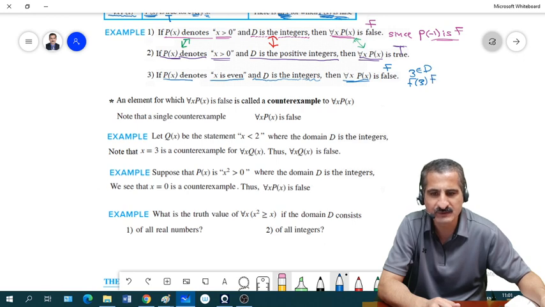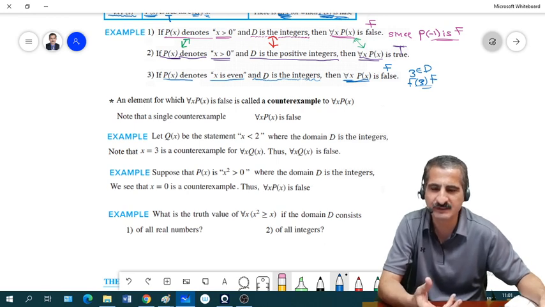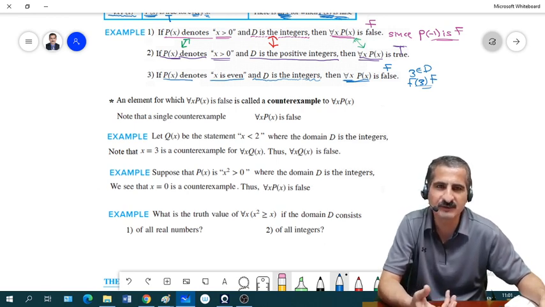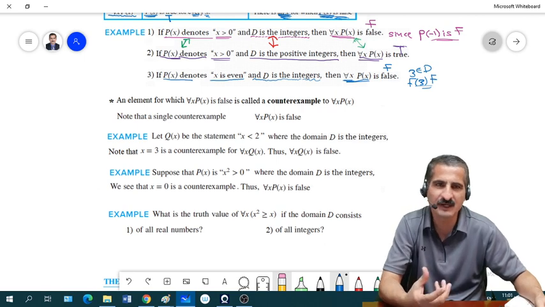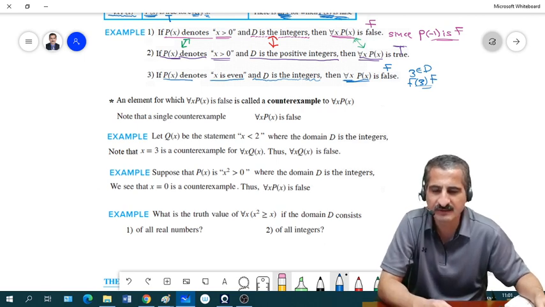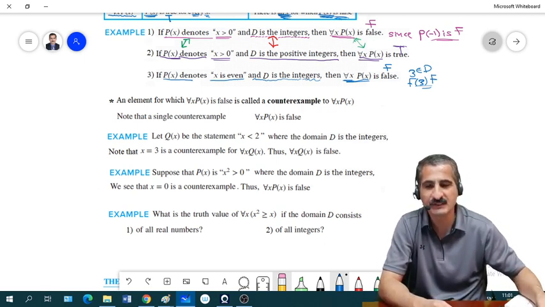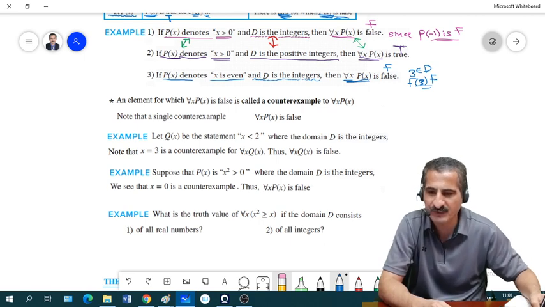So it's not true. So I cannot say for every x, p of x is true. This is not so. So the whole statement is wrong because we have one element that makes p of x false. And there is a special name for that element which we call a counterexample.